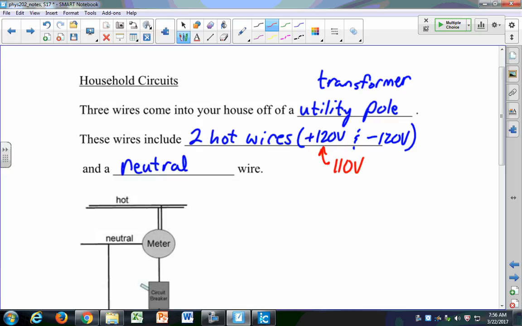You have 4 prongs. One is plus 120, one is minus 120, one is neutral, which is that 3rd wire that comes in off your utility pole, and then the 4th one we'll talk about. It's actually a grounding for your house. So this allows us to have both devices that operate at 120 volts and 240 volts. Let's write that.